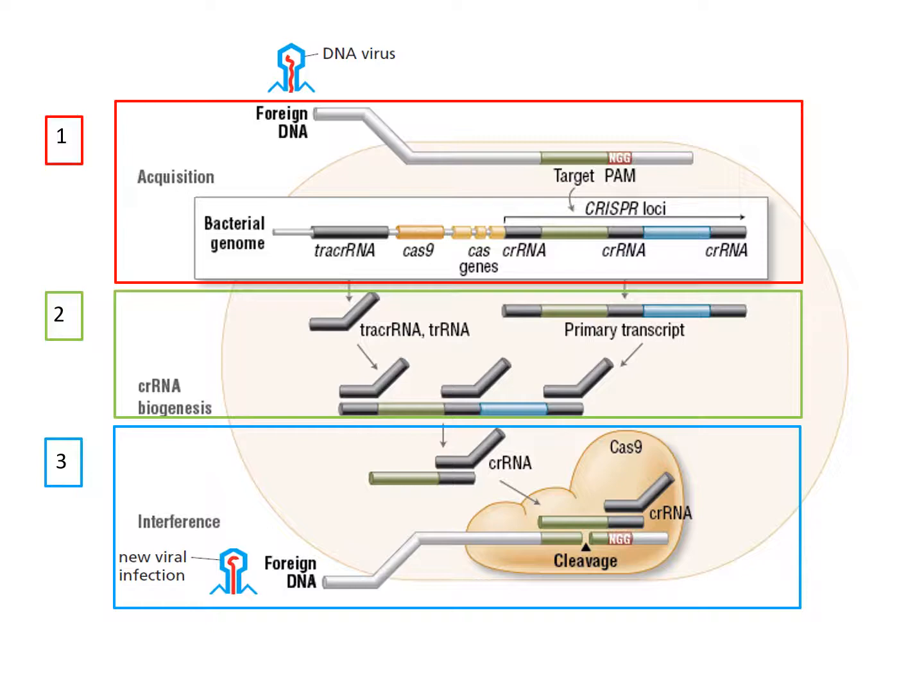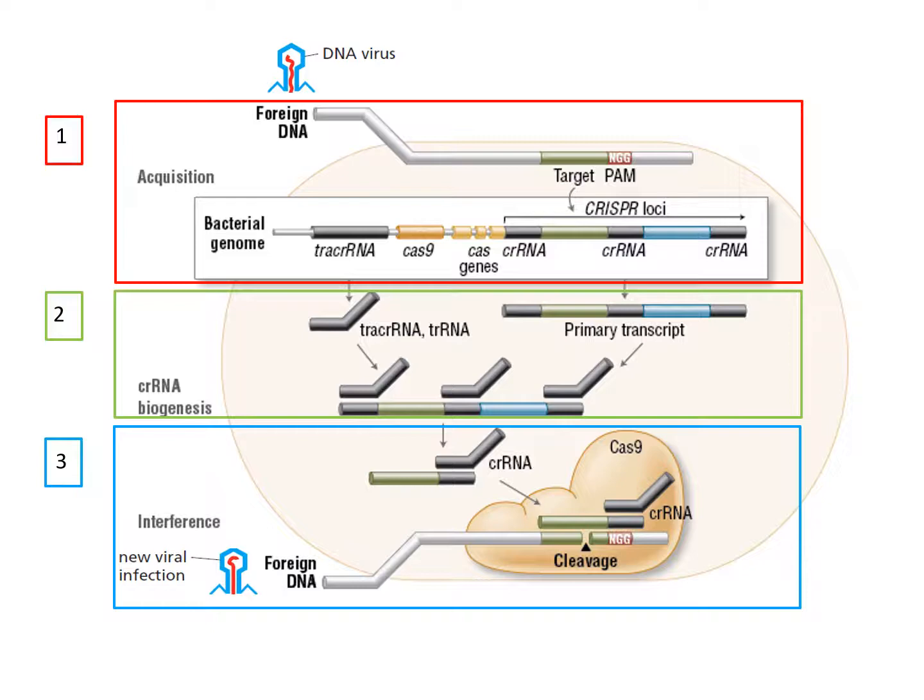But it can only cleave our foreign DNA when a few things happen. The Cas9 complex, and when I say complex, I mean Cas9 in complex with the CRISPR and tracrRNA, must encounter the foreign DNA that it is now able to recognize and destroy.